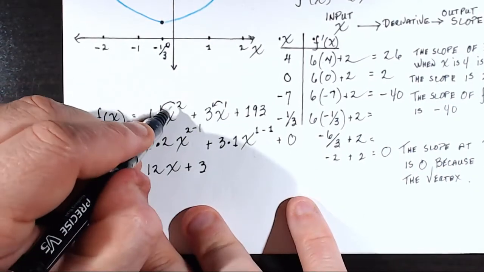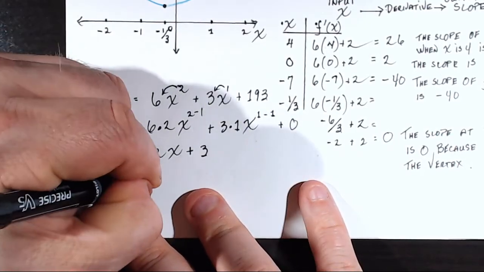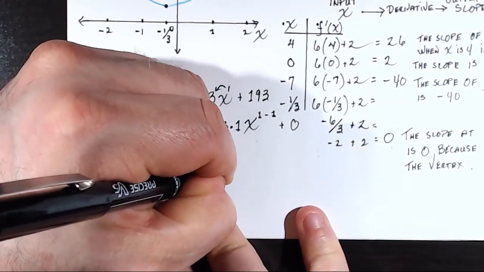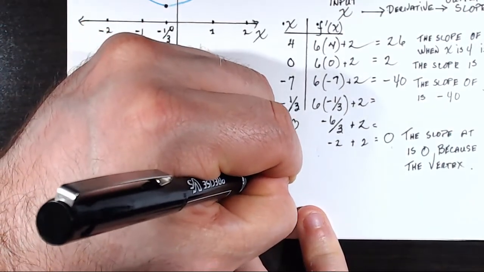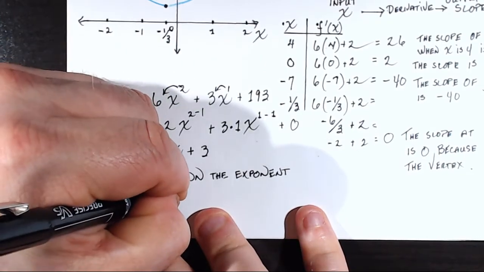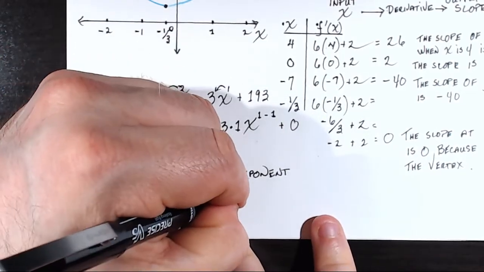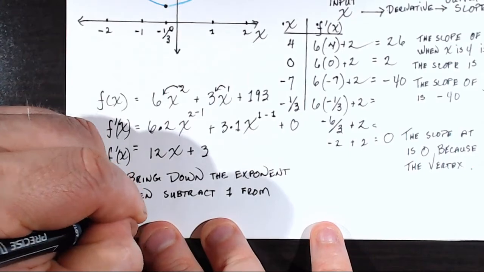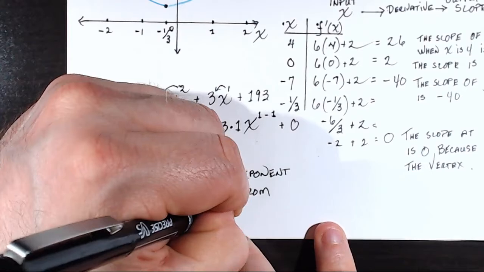So that's the process. You bring down the exponent, then subtract 1 from the original exponent.